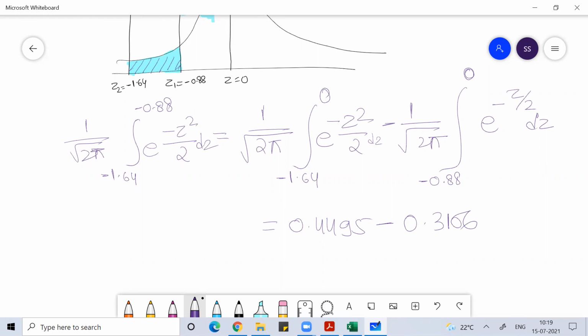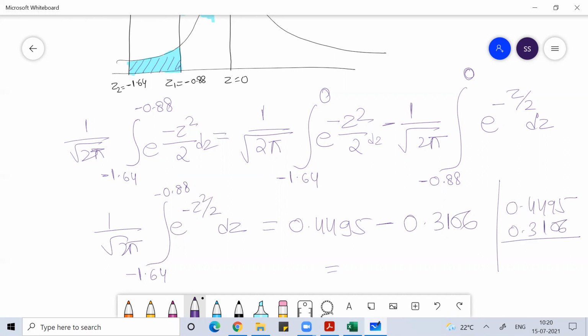That will give you the required area, the integral of 1 by root 2 pi e to the power minus z square by 2 dz from minus 1.64 to minus 0.88. So this required area is 0.4495 minus 0.3106, which is 0.1389.